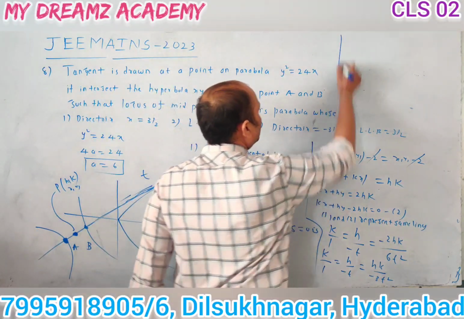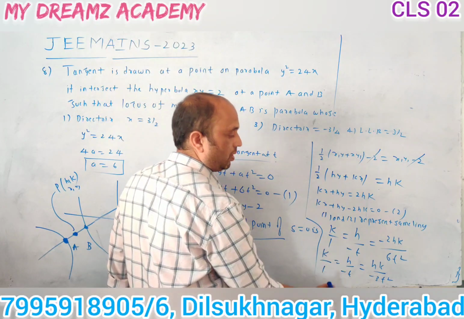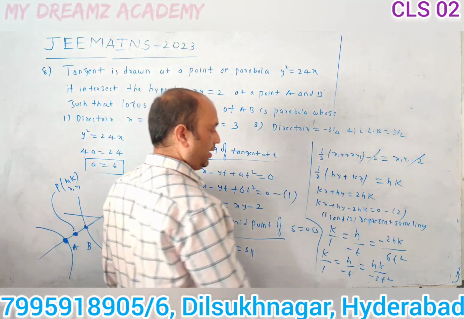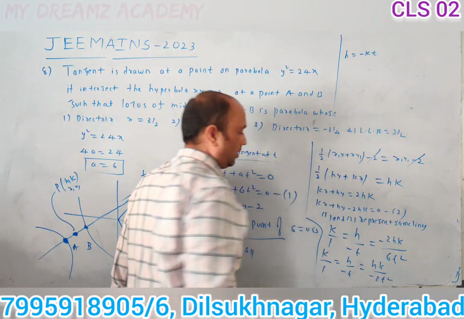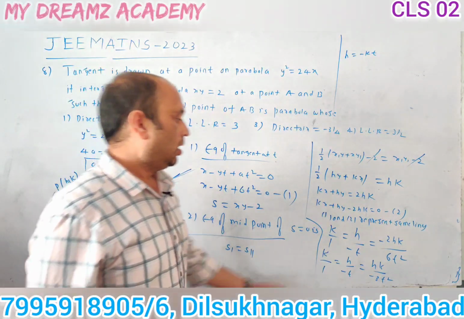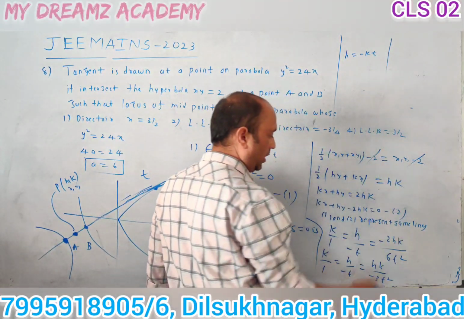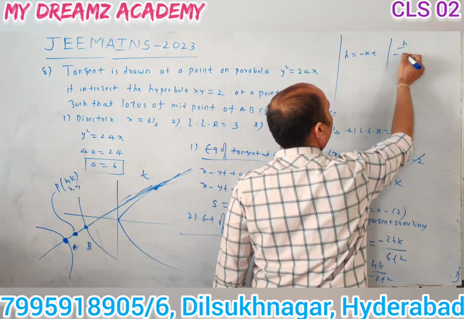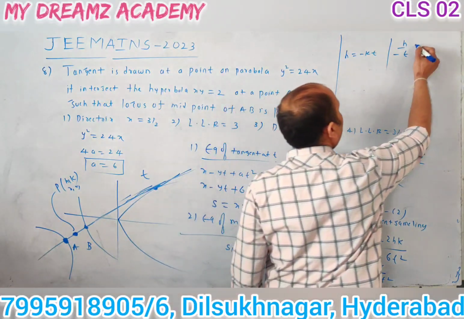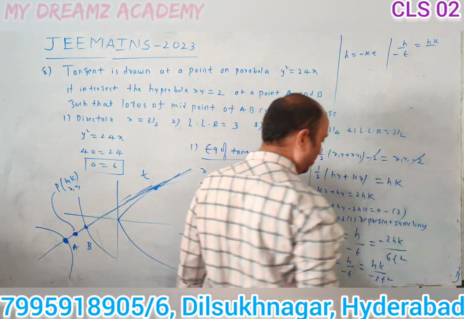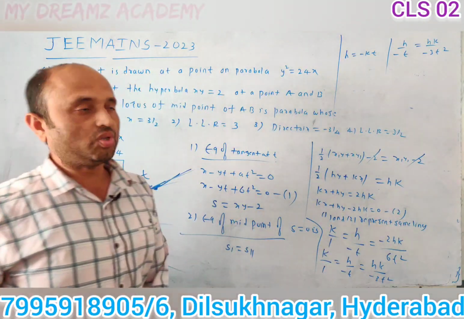Now equate the first and second: k by 1 equal to h by minus t, so h is equal to minus kt. Now equate the second and last: h by minus t is equal to hk by minus 3t square.